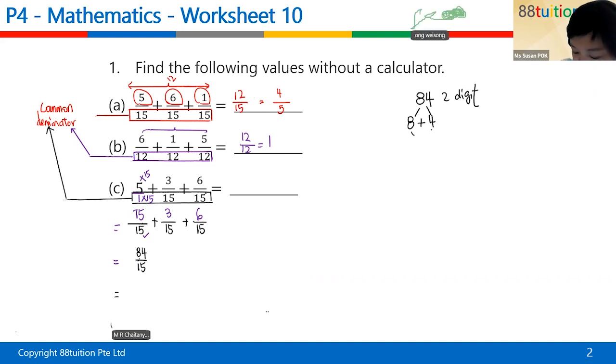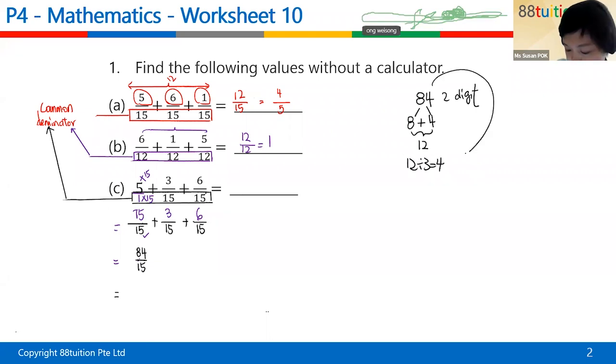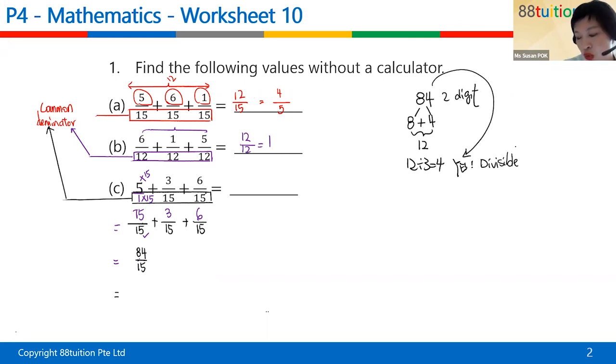What is 8 plus 4 give you? 12. 12 can divide by 3 or not? Yes. So meaning to say, 84 is divisible by 3. This is a quick check for divisibility.